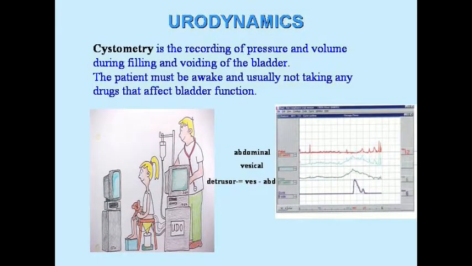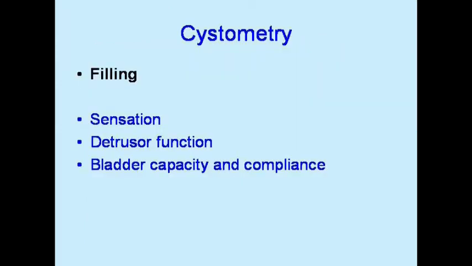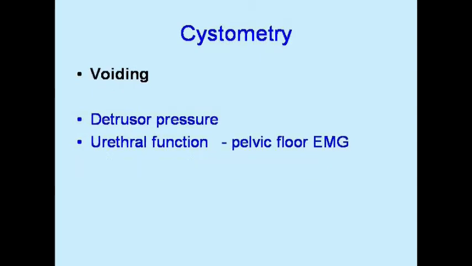The invasive component of urodynamics, the cystometry, is a pressure-volume relationship both during the filling and emptying phase of the bladder, where during the filling phase we focus on sensation, detrusor function, and bladder compliance. During the voiding, we study the detrusor pressures and urethral function. Along with the EMG, we get information on the pelvic floor activity.